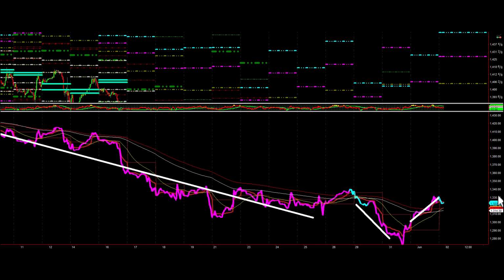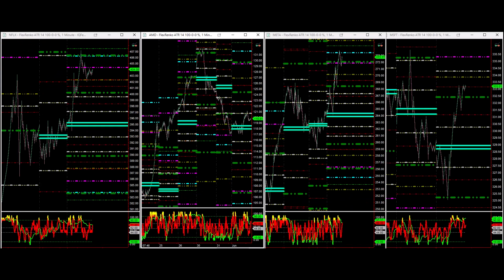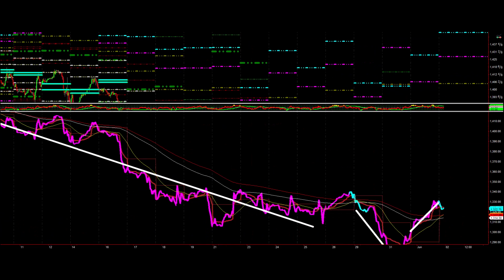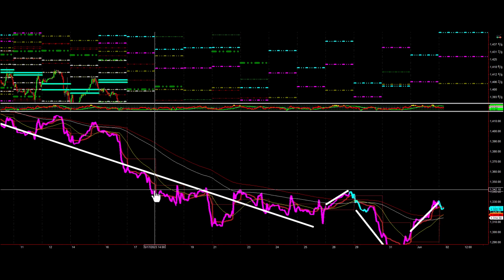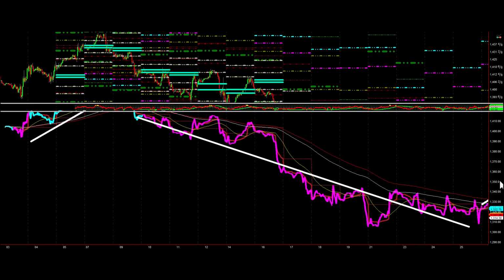This is also an intermediate pullback. The VWAP went above the 30 EMA, right, temporarily. So this is how we settled on the trend.